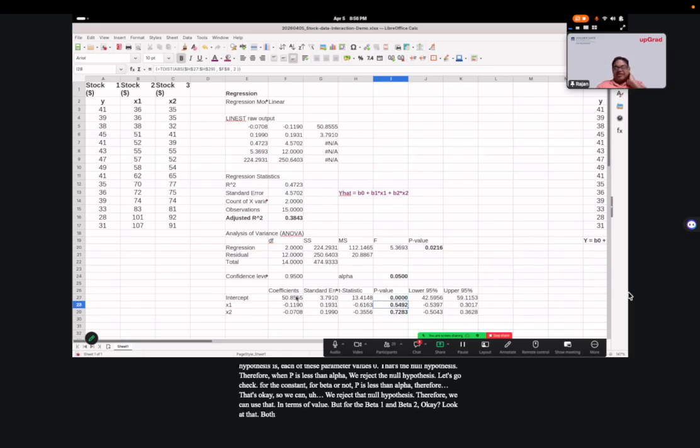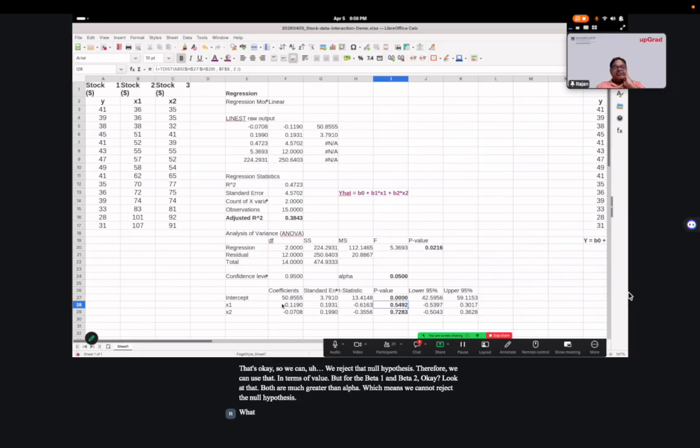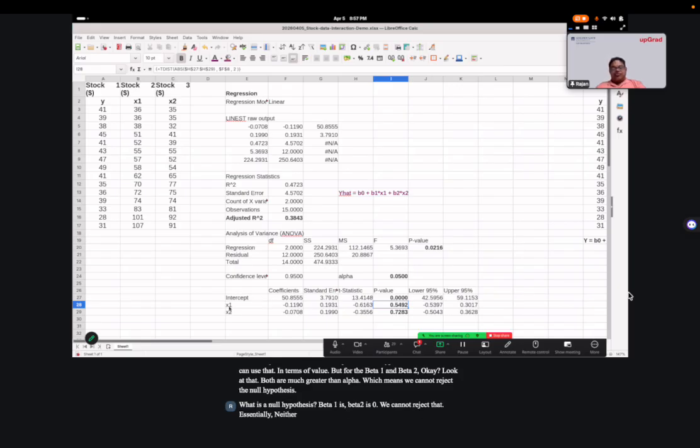Both are much greater than alpha, which means we cannot reject the null hypothesis. What is the null hypothesis? Beta 1 is 0, beta 2 is 0. We cannot reject that. Essentially, neither of these two stocks have any influence on stock 1, but the model is good.